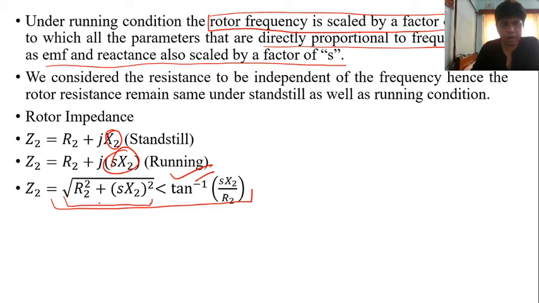Square root of R2 square plus (S into X2) whole square represents the magnitude of the rotor impedance, and tan inverse of S into X2 upon R2 represents the phasor angle of the rotor impedance.